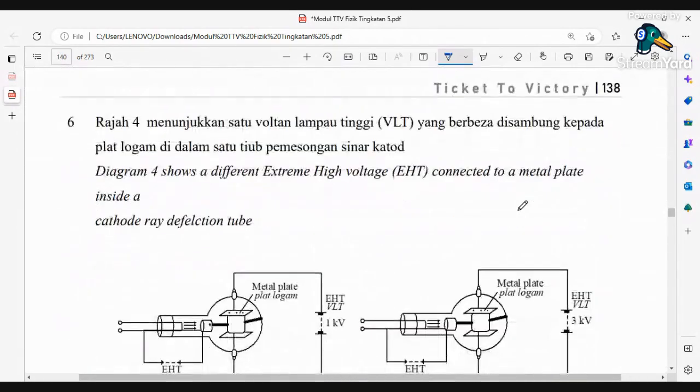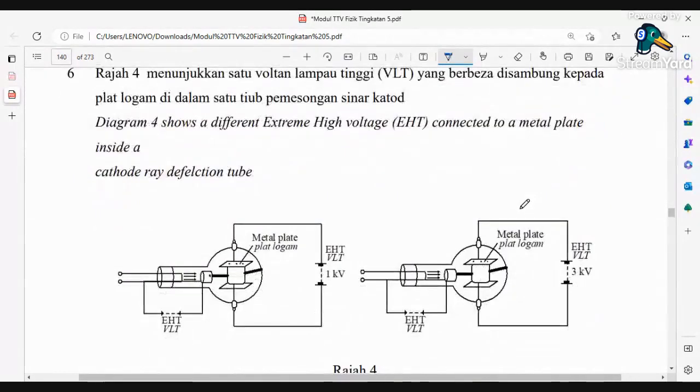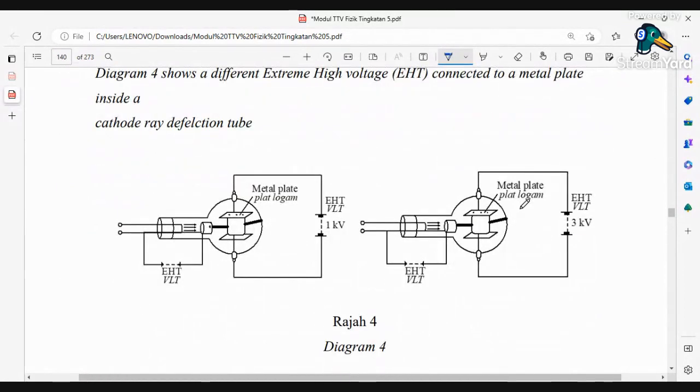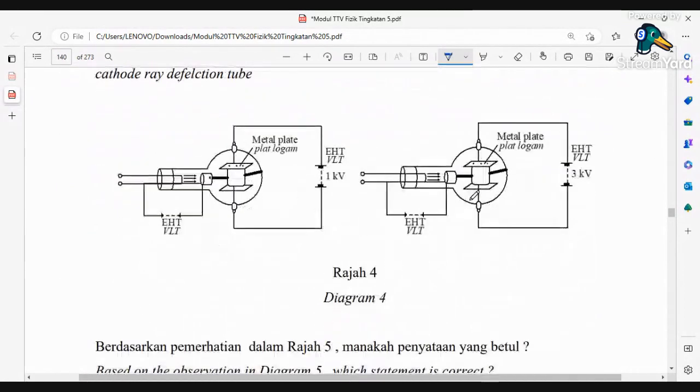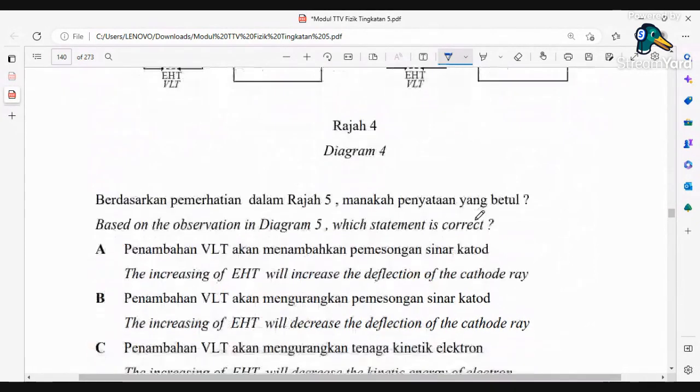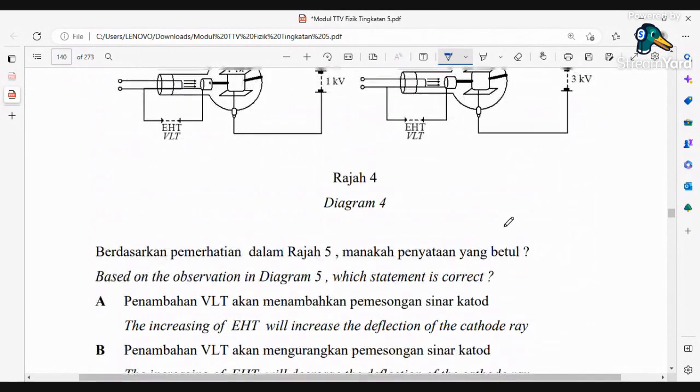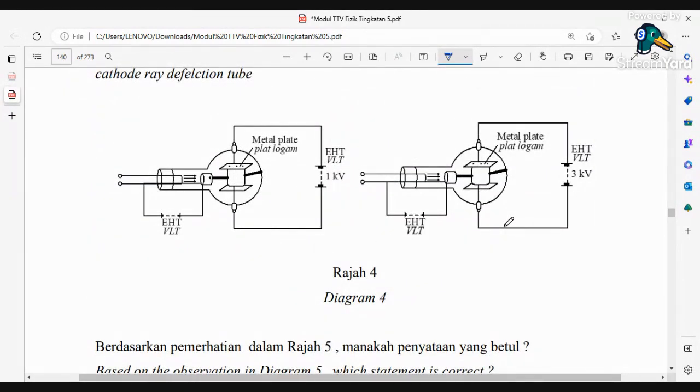Number 6, the diagram shows EHT connected to metal plates inside a cathode ray deflection tube. Based on the observation in diagram 5, which statement is correct? You can see from here, the EHT here is 1 kilovolt. This one is 3 kilovolt.